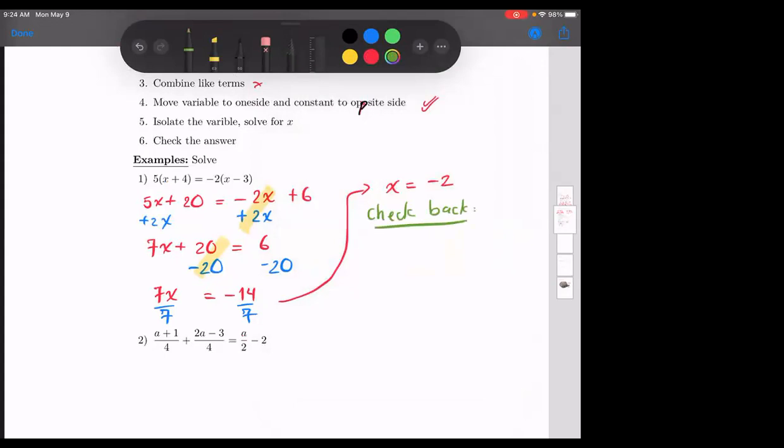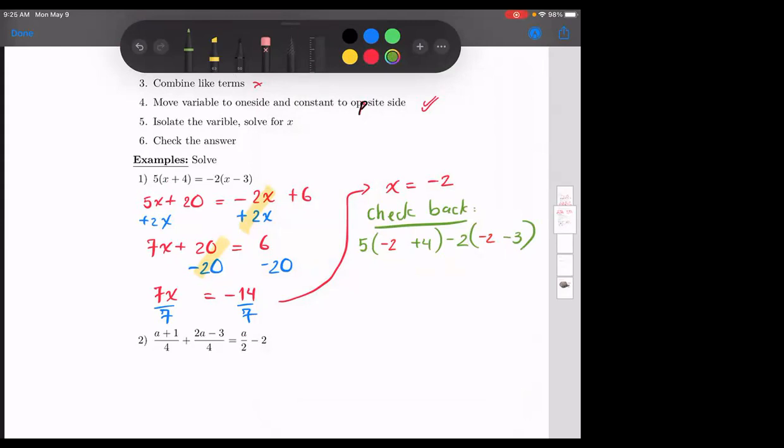Check. So 5 times (negative 2 plus 4) minus 2 times (negative 2 minus 3). I'll make the negative 2 red. All right, negative 2, you gotta do the one inside the parentheses first, right?